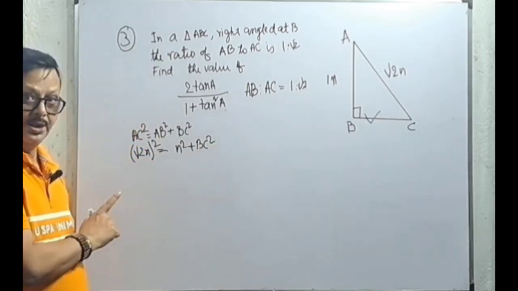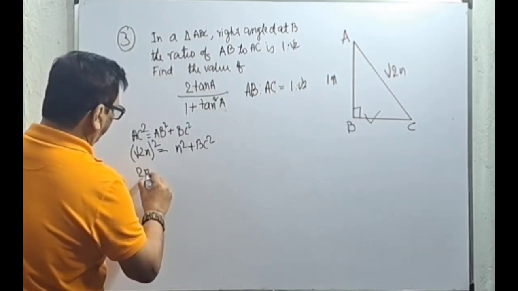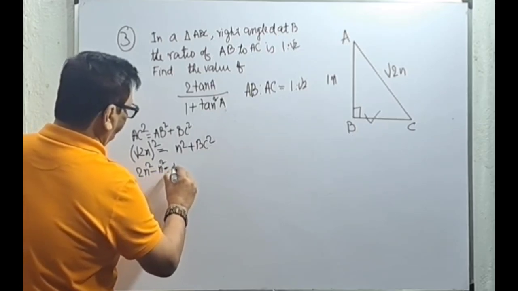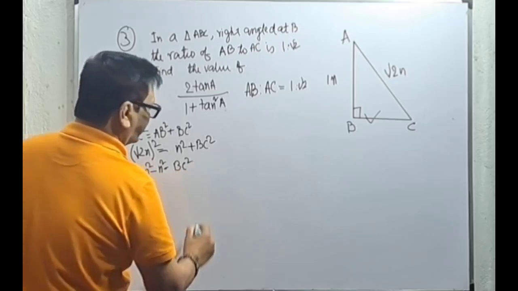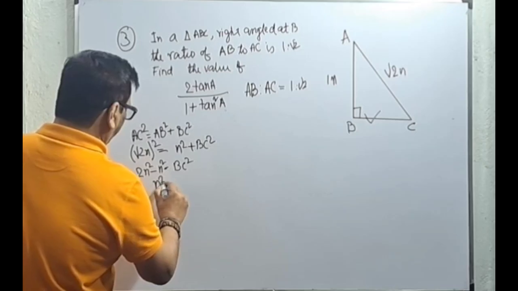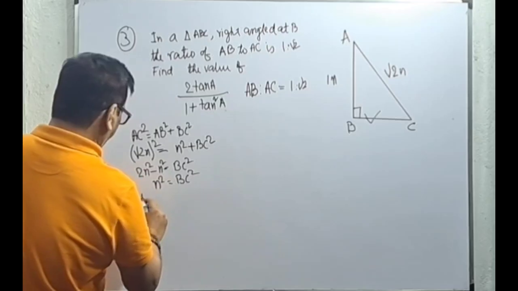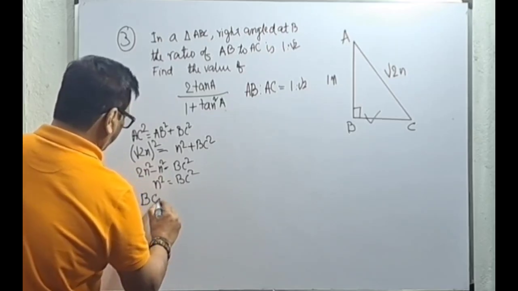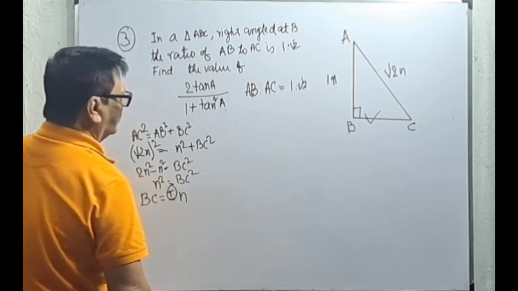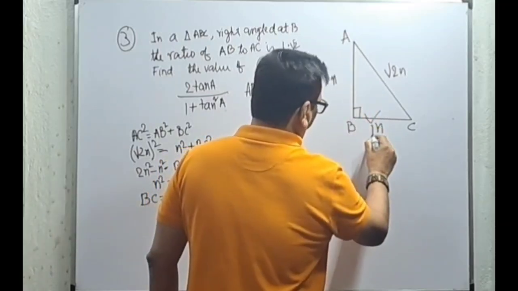Right? BC square is unknown. So we can write 2N square minus N square is equal to BC square, right? So from here we can conclude N square is equal to BC square. Thereby we can say BC is equal to plus minus N. So we'll take the positive value. So we get BC as N also, meaning 1N.